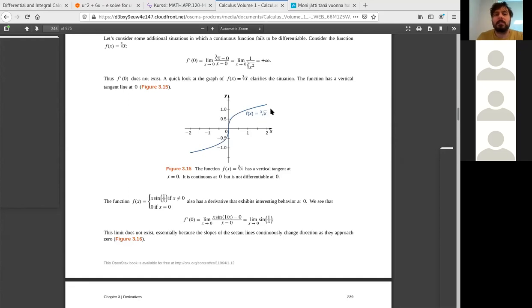So this is differentiable in all other points except at x equals 0, and it's continuous, but there's no angle there. It's just that it's vertical at that point. So this is a sort of pathology that you may not think is such a big deal.